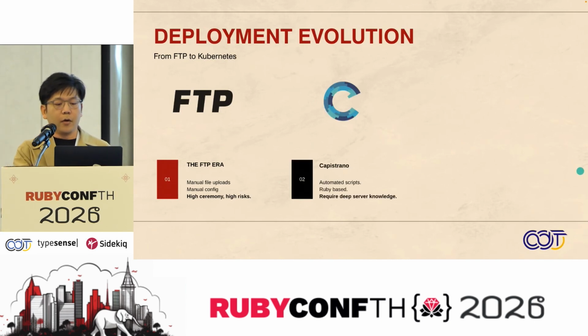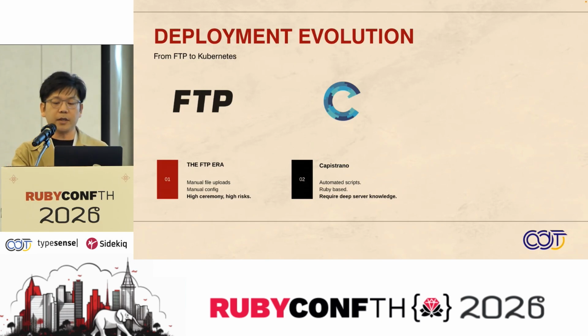So we moved on. Now comes the era of Capistrano. We write the deploy.rb file, define roles like web, app, and db, and run cap production deploy. This was a big improvement. Code is deployed via a repeatable script. We get releases with symlinks, a current release, and so on. We can roll back to a previous release with one command.